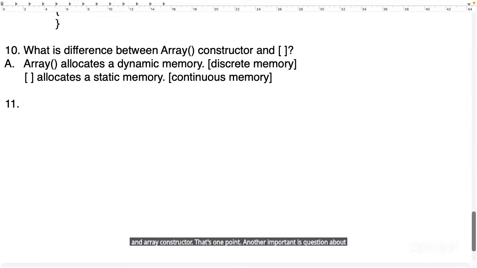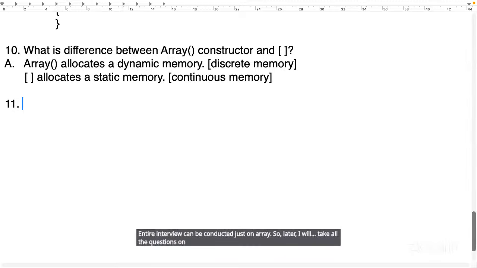Another important question is here. I told you about arrays, we will have a separate session, which means an entire interview can be conducted just on arrays. So later I will take all the questions on arrays and objects.